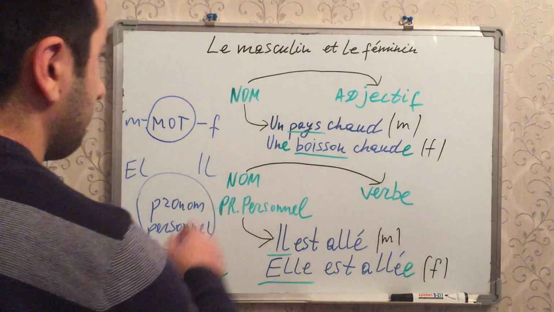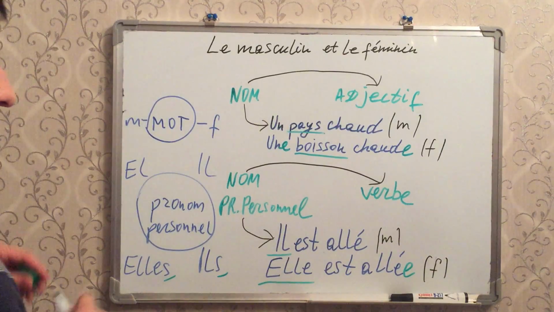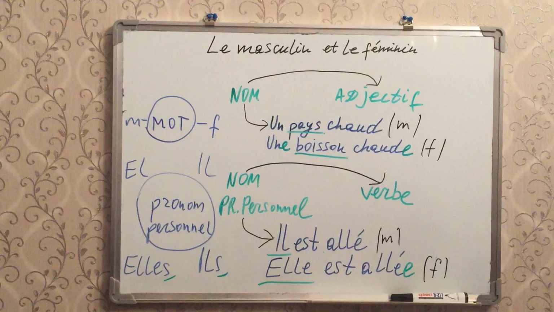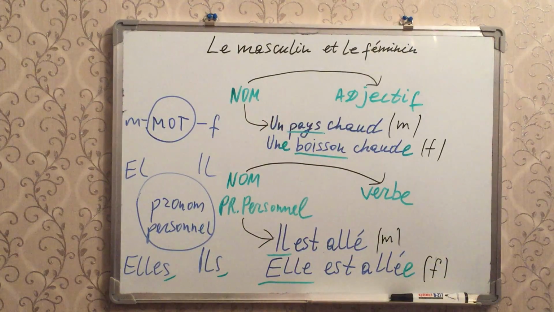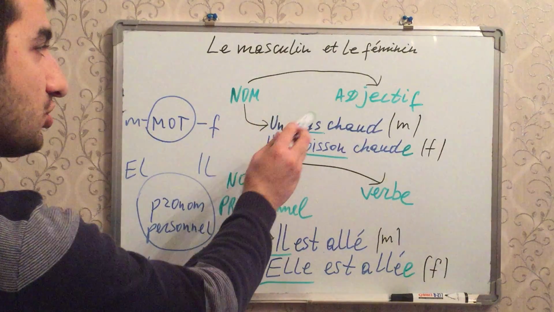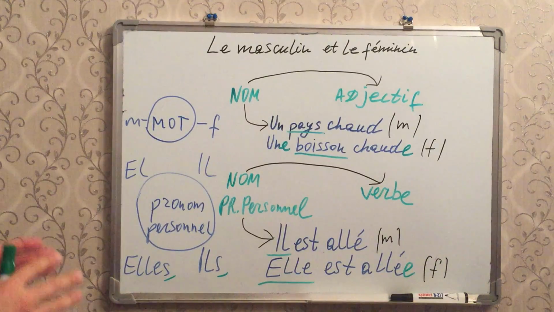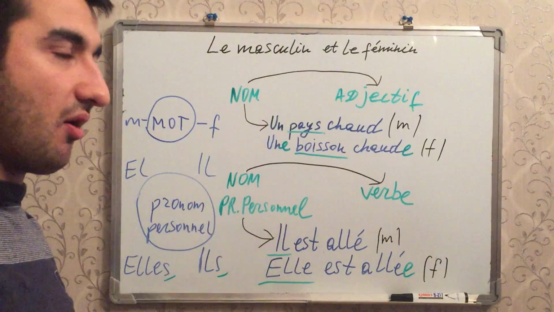For example, the first example is un pays chaud. Here you see un is article, means a, pays means a country, chaud means hot. Un pays chaud means a hot or a warm country. Okay, a hot country or a warm country. Un pays chaud.